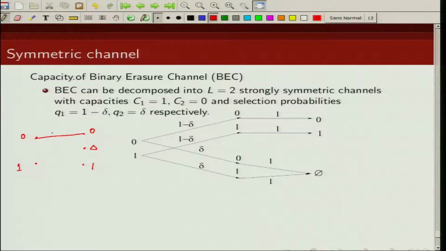With probability 1 minus epsilon you receive the bits correctly, and with probability epsilon they are erased. Packet data networks can be modeled by this very simple binary erasure model.